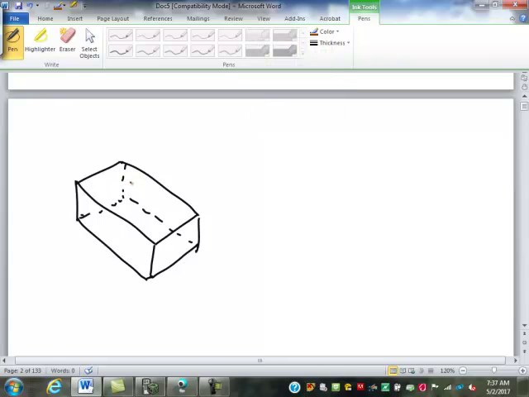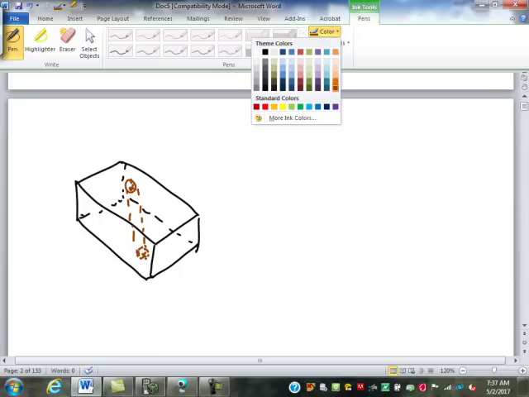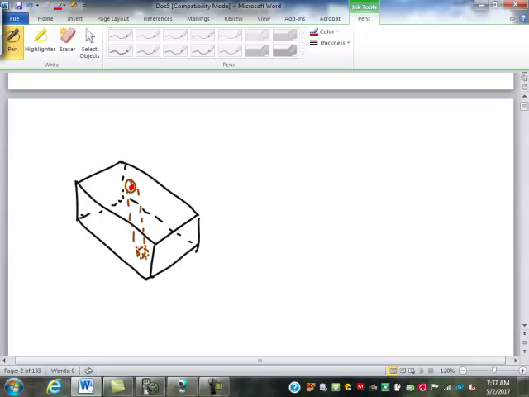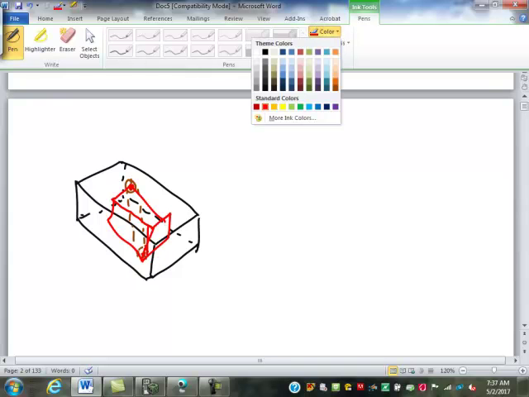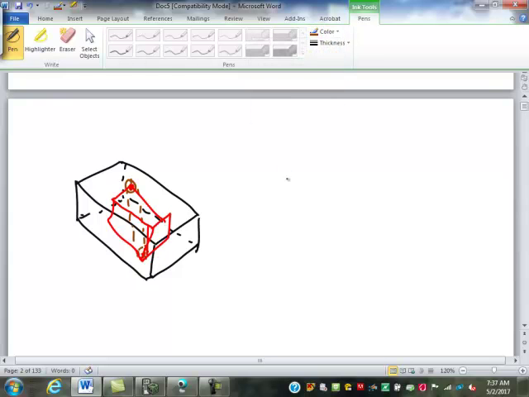So if we're looking at this, we've got our entry hole up there, our exit hole down here, and the path between them. We're not really interested in the whole block. All we are interested in is the piece that goes center to center for the hole. So we're really just interested in this portion of it. So we're going to redraw only that piece of it.